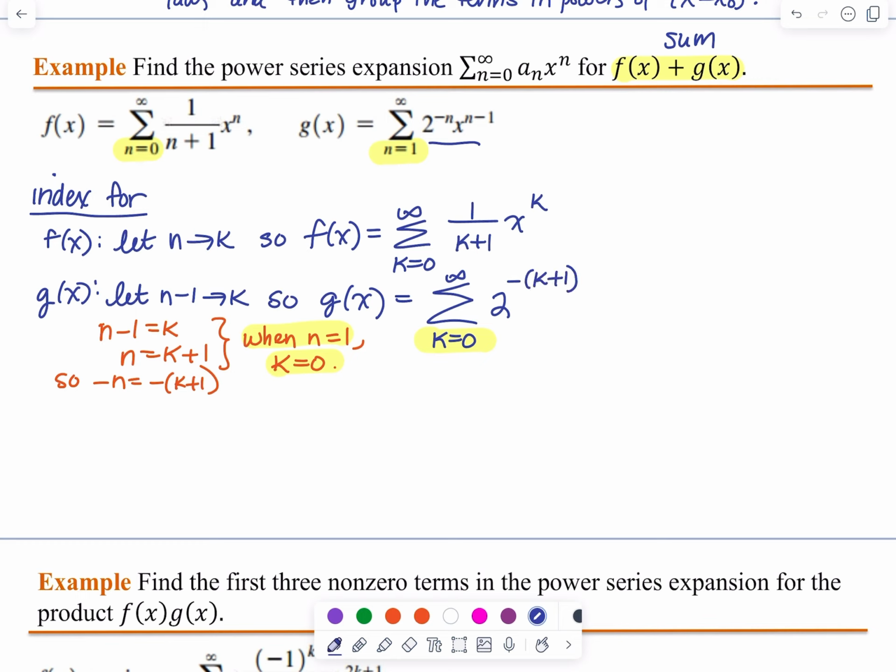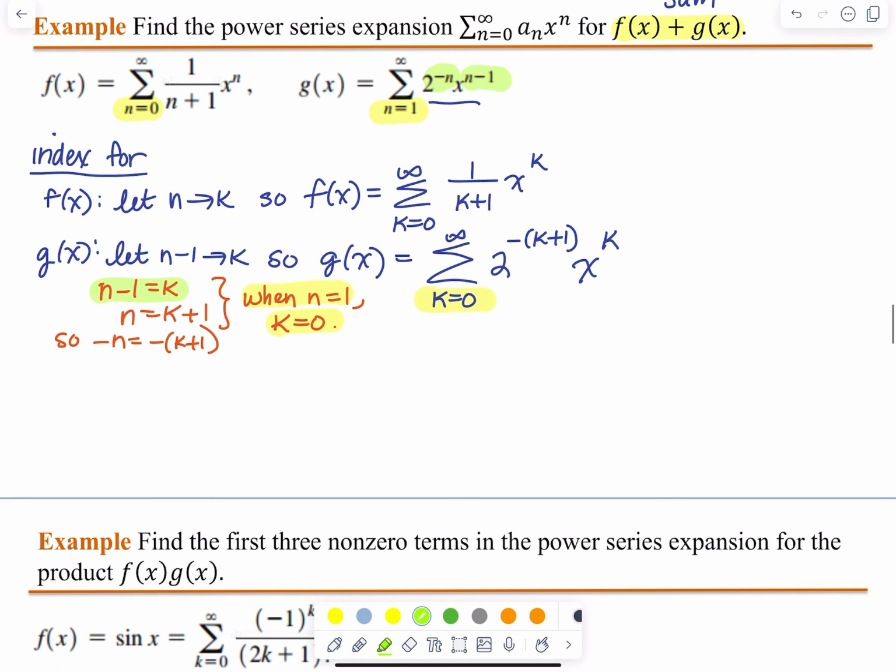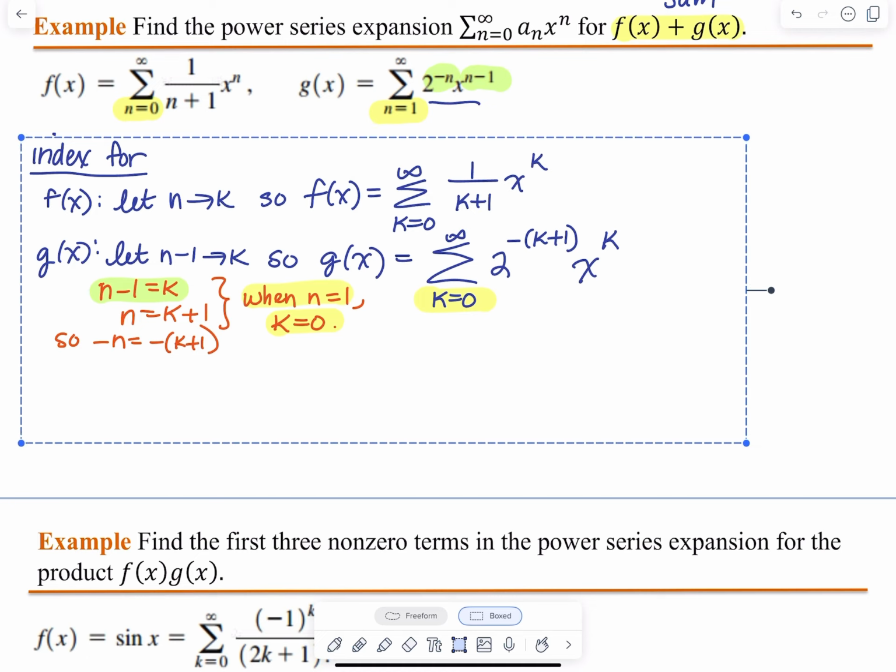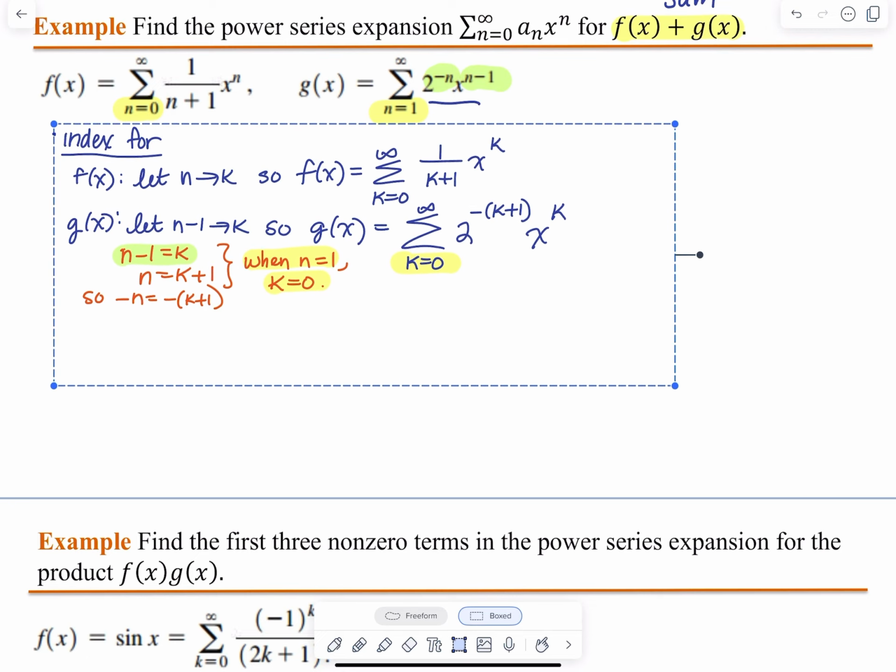You can see that right here, to the negative n. And then multiplied by x to the k power. And we said x is to the k power because n minus 1 is equal to k.